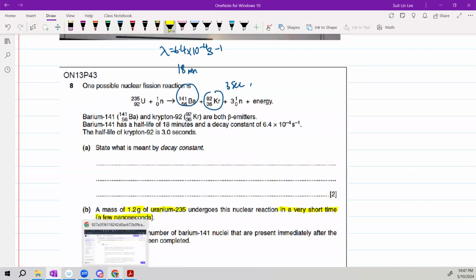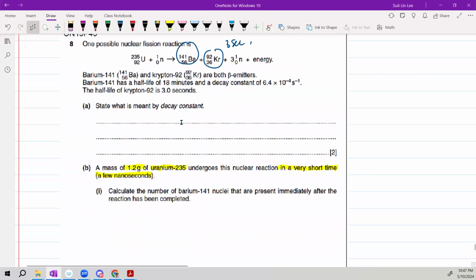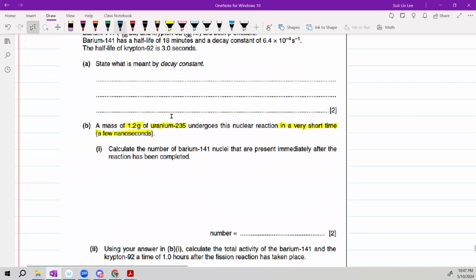So that means all the uranium-235 has already decayed. The time is very short, and they even tell you the reaction has been completed.